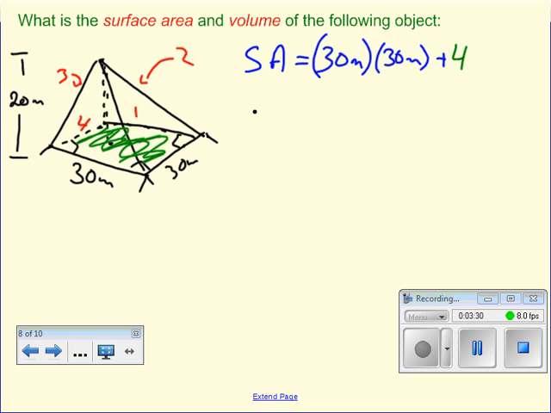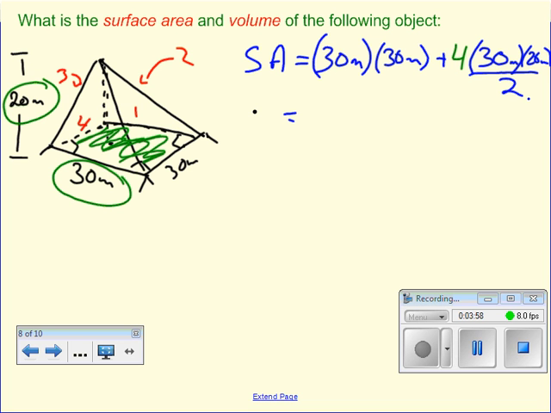So it's going to be the area of the triangle, which is the base, times the height, divided by 2. So in this case, it's going to be 4 times 30, which is my base, meters, times 20 meters divided by 2. And I'm multiplying it by 4 because I have 4 identical triangles.